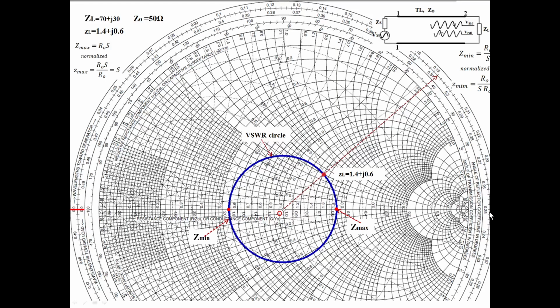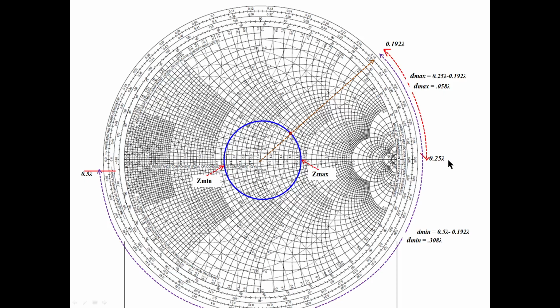Okay, if you draw a line like this, it is 0.25 lambda, and this is 0.192 lambda. So to get the distance from here to here, you take the difference, subtracting this value from this value.